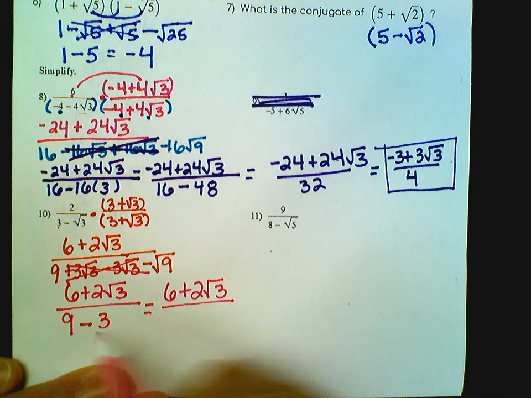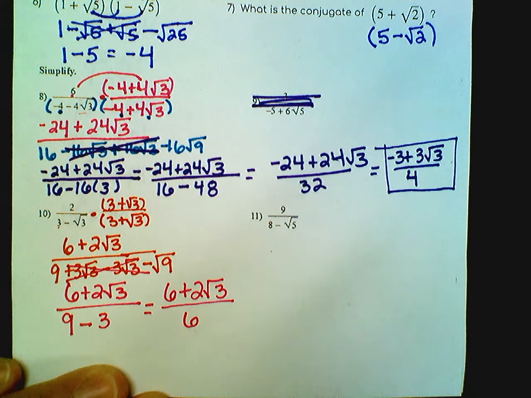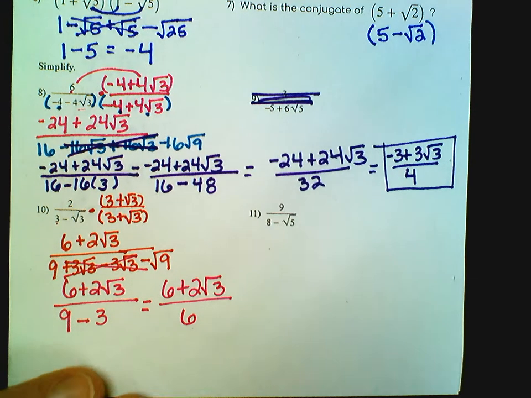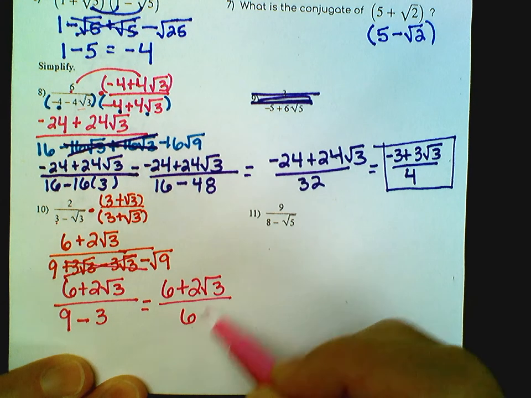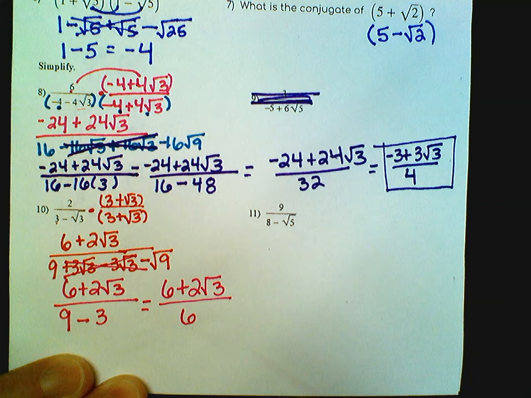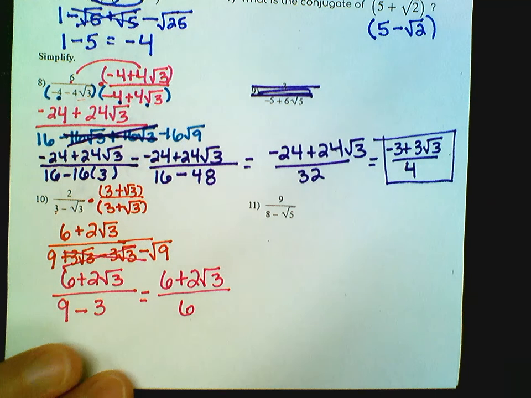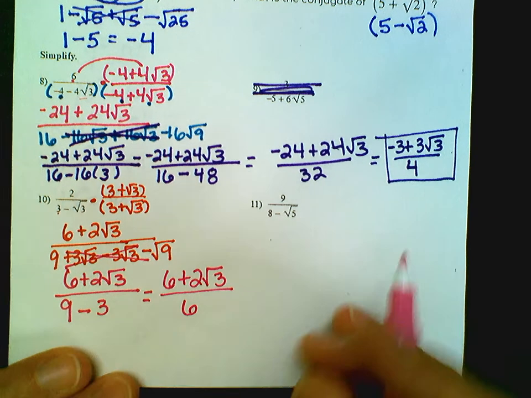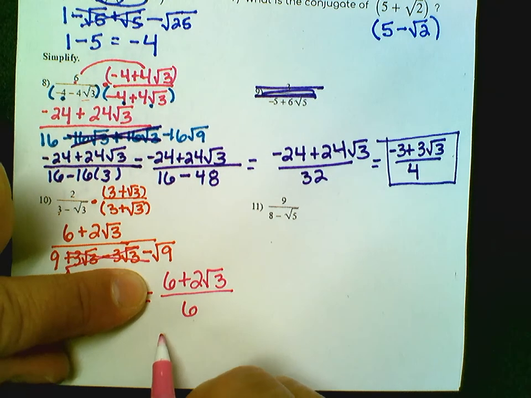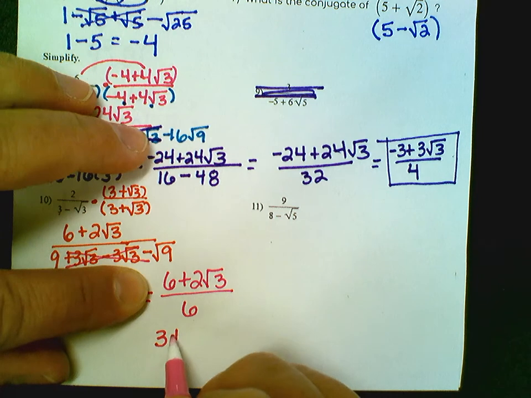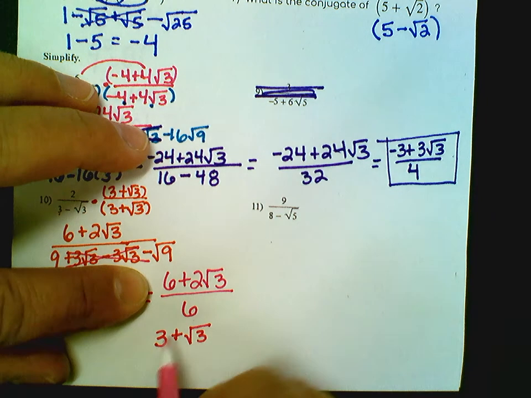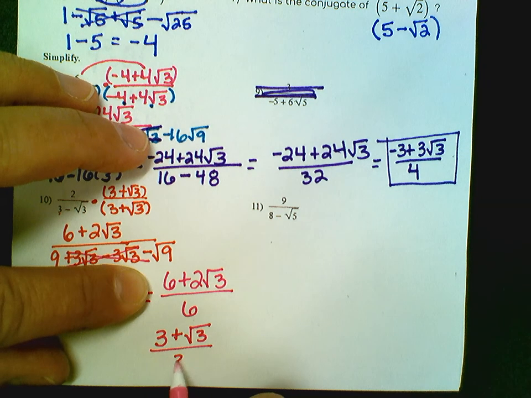My denominator is 9 minus 3, which is 6. So I can simplify. 2, 6, and 6 are all divisible by 2. So 6 divided by 2 is 3. 2 divided by 2 is 1. And 6 divided by 2 is 3.